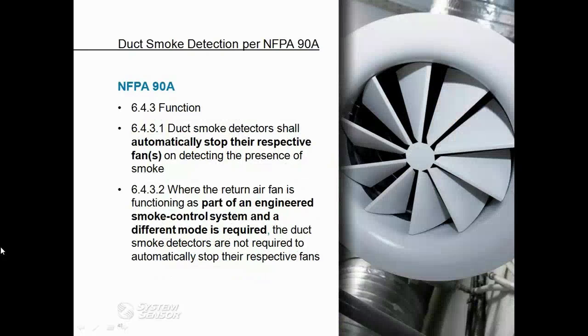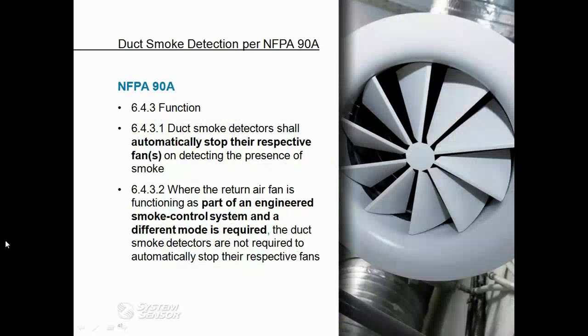Okay, NFPA 90A also looks at what should happen when a duct smoke detector detects smoke. First, the duct smoke detector should automatically stop the fans that are wired to it, with the exception of when the return air fan is functioning as part of a smoke control system and a different mode is required for that situation.